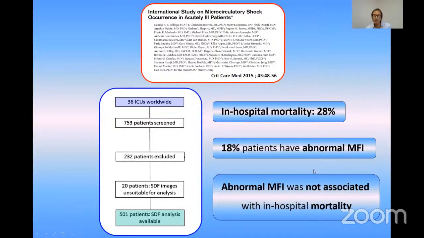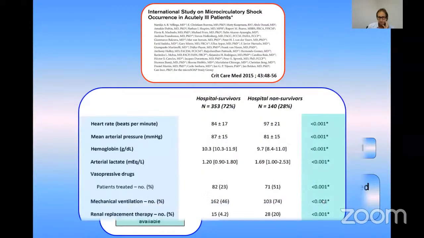So this result is probably disappointing for the authors of this study, because all these authors recommended the use, and still sometimes recommend the use, of this technology to assess microcirculation, but in fact, there is no association between disorders of the sublingual microcirculation and mortality.